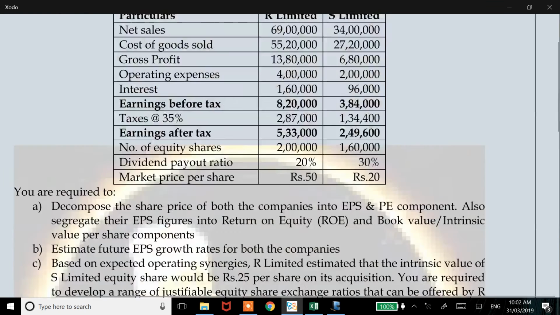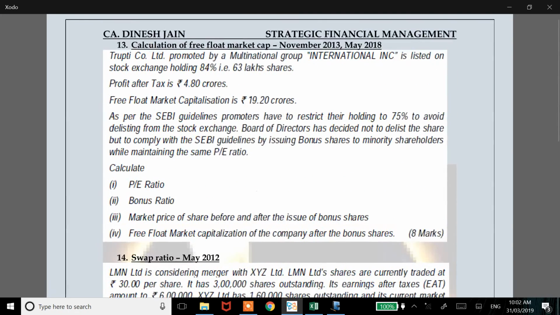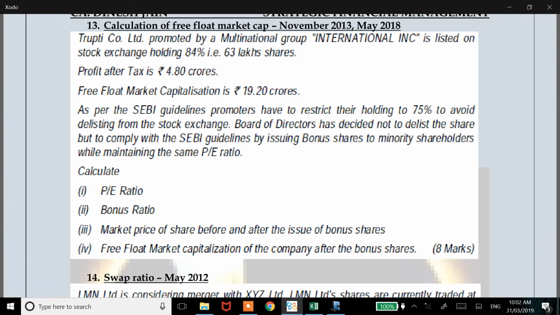Just give me a minute. Let's do question 13. Go through question 13 and put it in that format itself. That format will answer a few things. We'll see the rest. Put the particulars and the company name in that format.